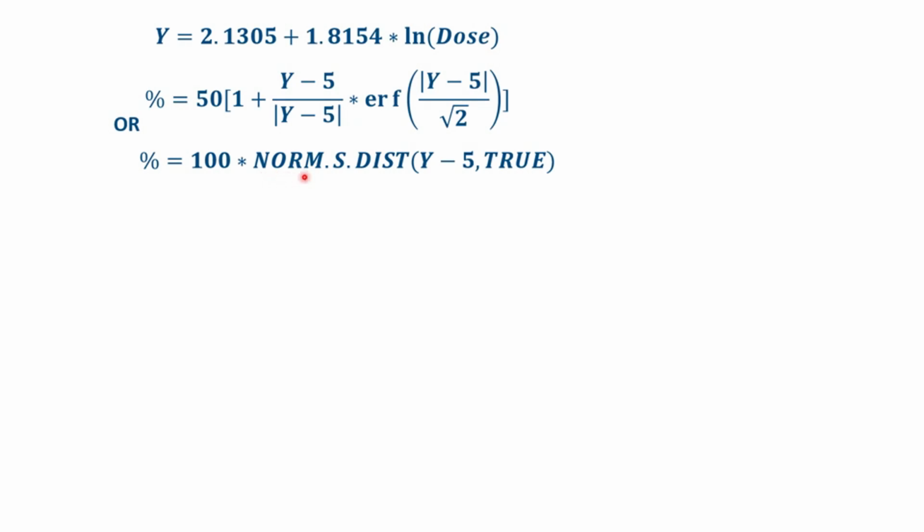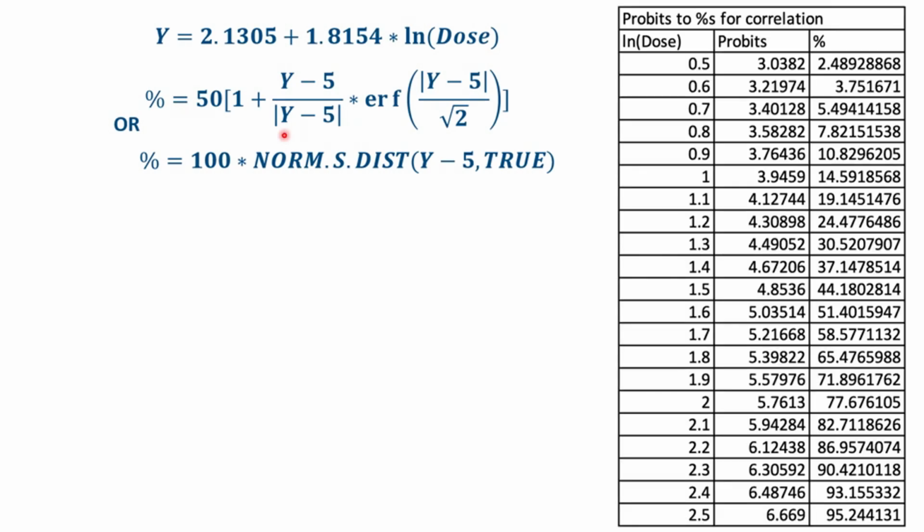This function is norm.s.dist. This function takes as the first argument your value in probits minus 5, and the second argument is true. This will give you a value for the percentage in terms of a decimal. To get that to percentage form, you multiply by 100.